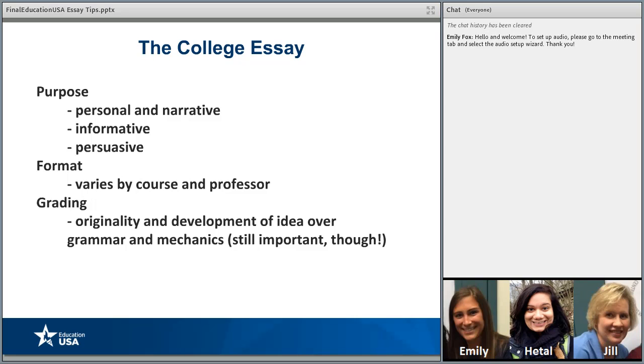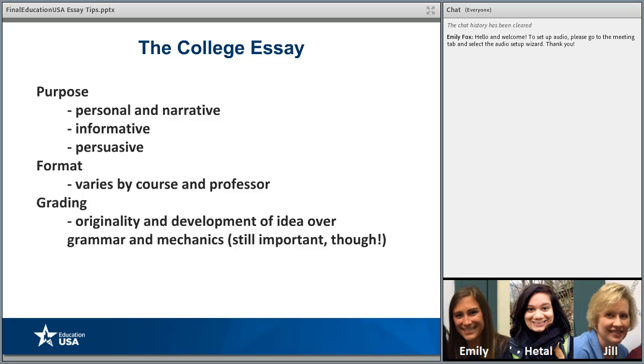And that is certainly the case, that's one of the purposes, but more and more, especially in the United States, students are finding that they are writing essays in all sorts of classes. So you might be in a math class and be asked to write a paper. You could be writing a lab report in a biology class. You can find writing in pretty much any discipline at this point.